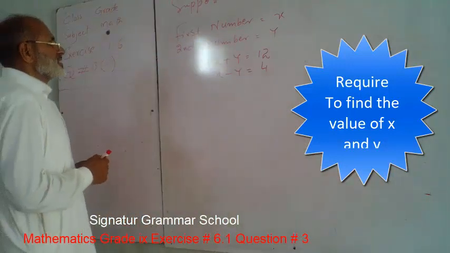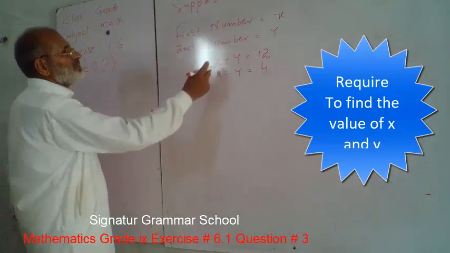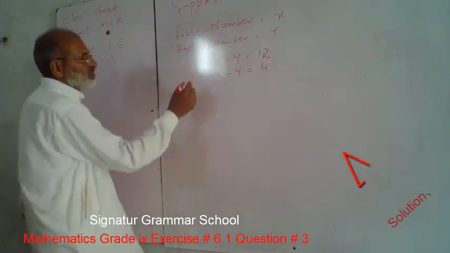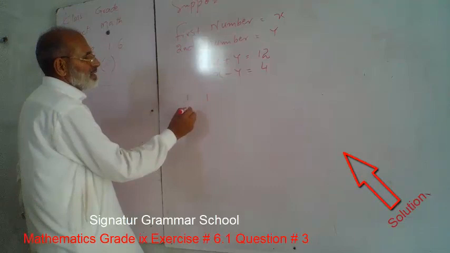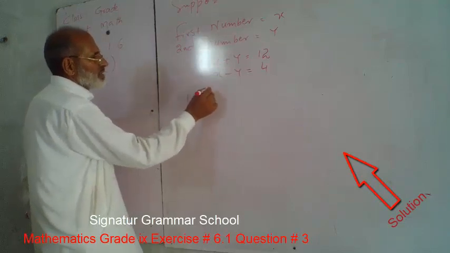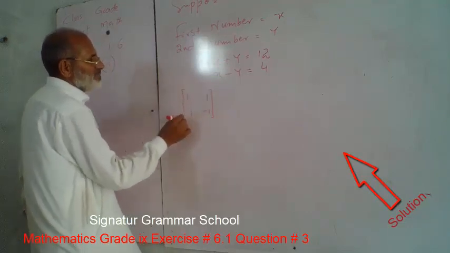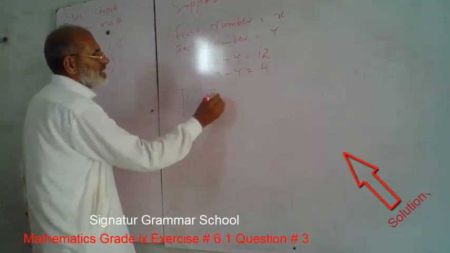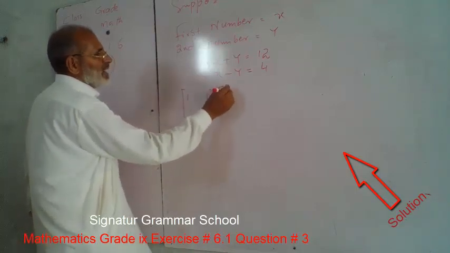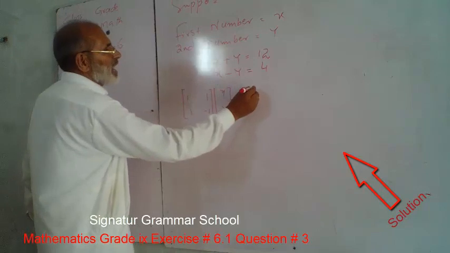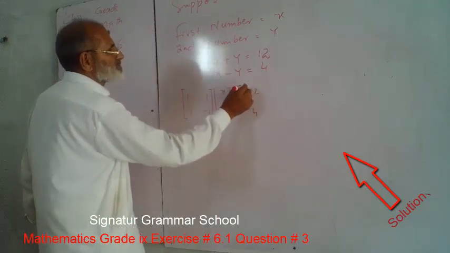Look here, in this case, our A will be, what are the coefficients? 1, 1, 1, minus 1. This is our A. And here it will be our x and y. And our B will be 12 and 4.